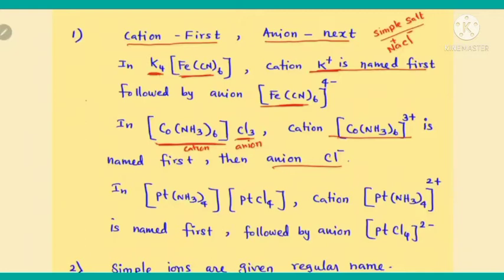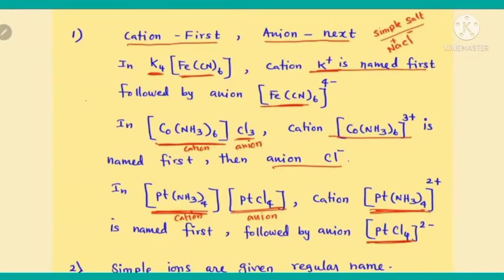Look at the third example. Here the first square bracket portion is the cationic part and the second square bracket portion is the anionic part. Upon giving the name, the [Pt(NH3)4] portion is named first, being a cation, followed by the anion [PtCl4]2-.